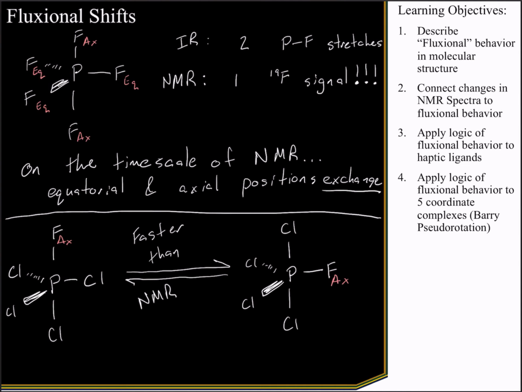And so what we're seeing when we take this NMR is actually an averaging of these two different signals because they're going back and forth so quickly, right? So that one signal that we see is really the average of the axial and equatorial signal.